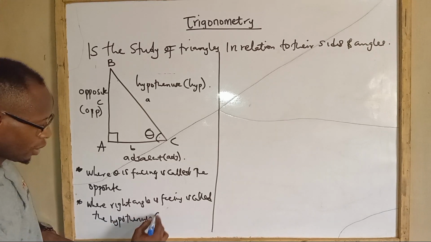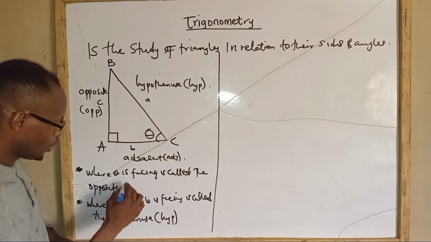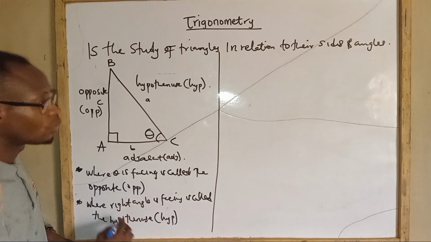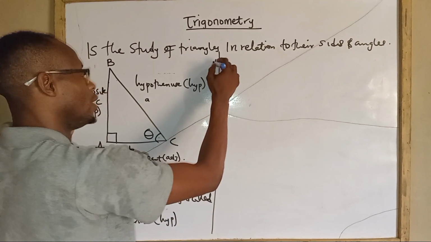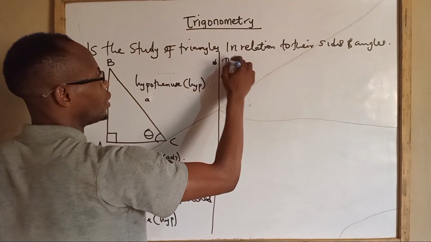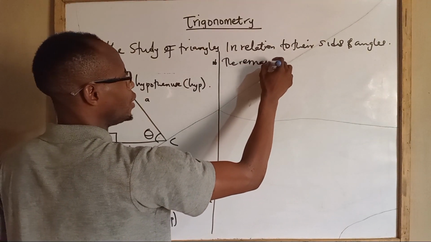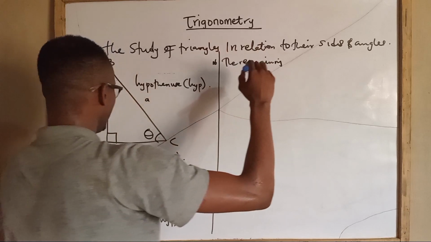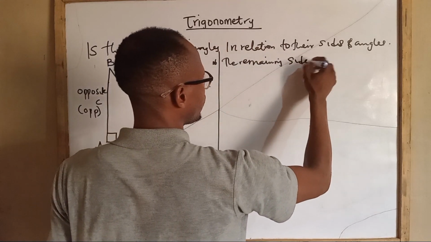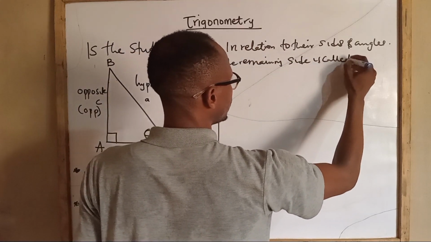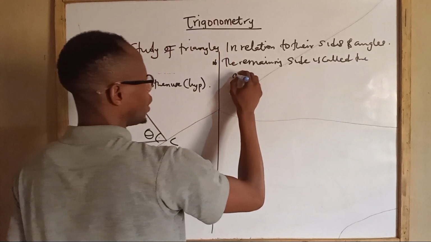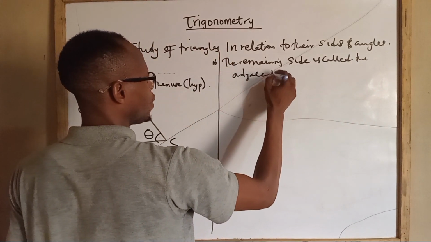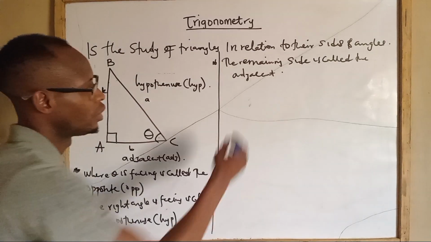I believe you understand that. So let me shorten this HYP. Let me shorten this OPP. So we now say the remaining side is called the adjacent. Okay, so I believe that is clear.